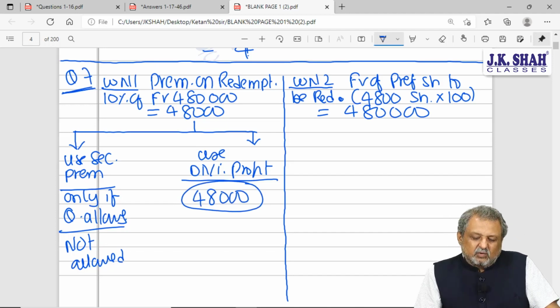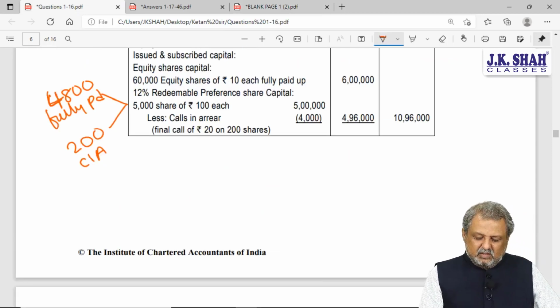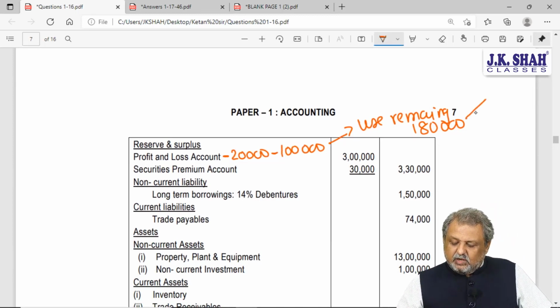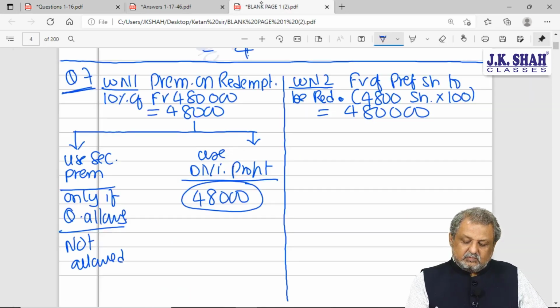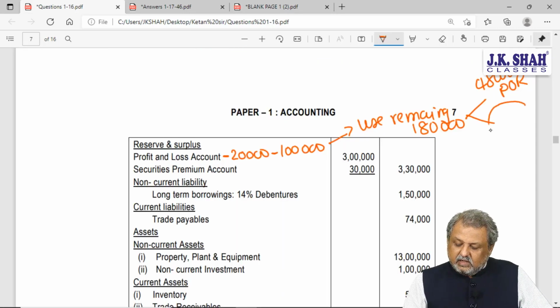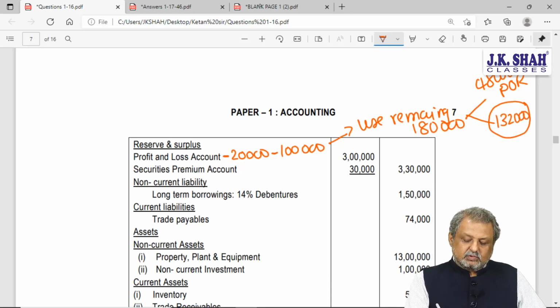But out of that, only P&L name is available, and you can use only 1,80,000. So out of that 48,000 you use for premium on redemption. So how much will be remaining available? 1,80,000 minus 48,000, so 1,32,000 is available, that you will use for CRR.